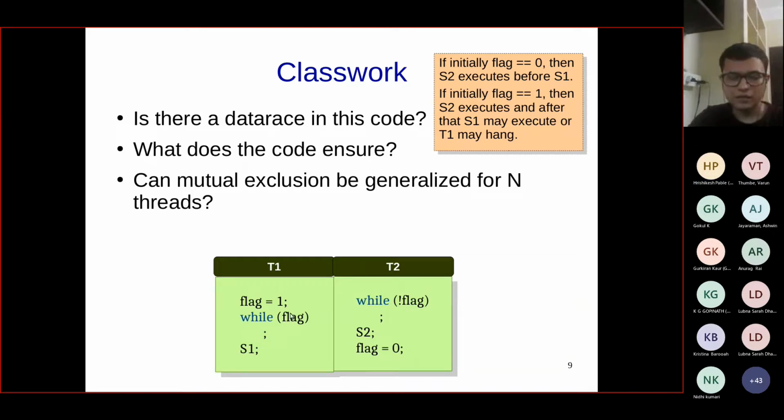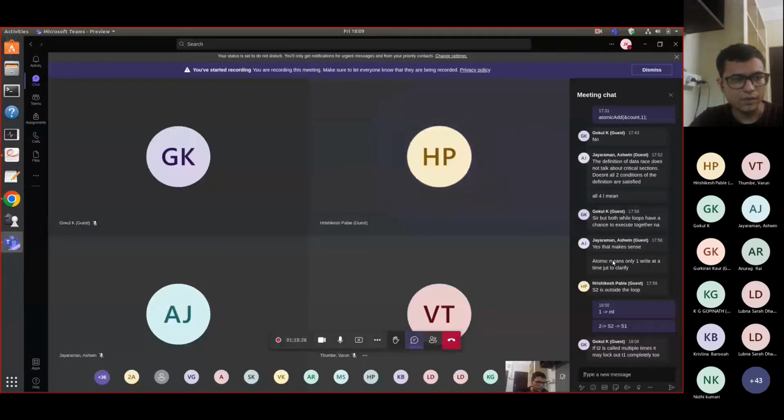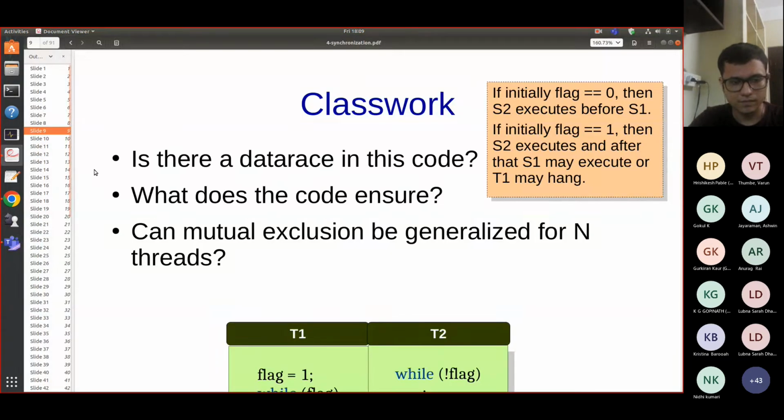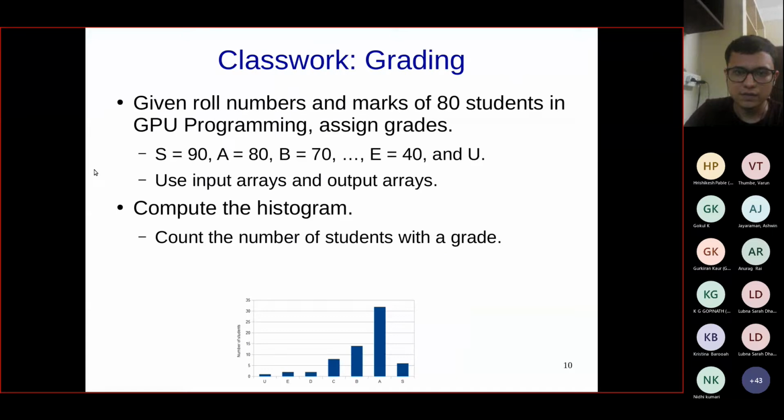So it will keep on looping here because there is no one to make that flag value 0, and it will never move on. Yes, I got it. Okay, I hope that you're getting it. Any further questions apart from that? It's important that we understand these things. Otherwise, as we go deeper with atomics and all those things, it will create more confusion. Feel free to ask questions.